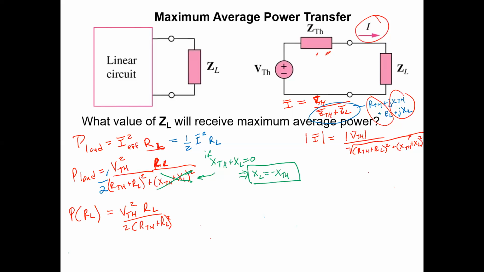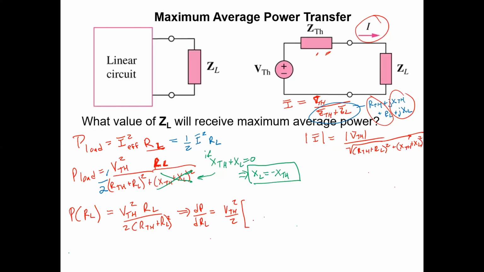And so to maximize that, as you're familiar with from calculus, we're going to take dP dRL. That's going to equal V Thevenin squared over 2 times... what do you do? We're taking the derivative of that thing.